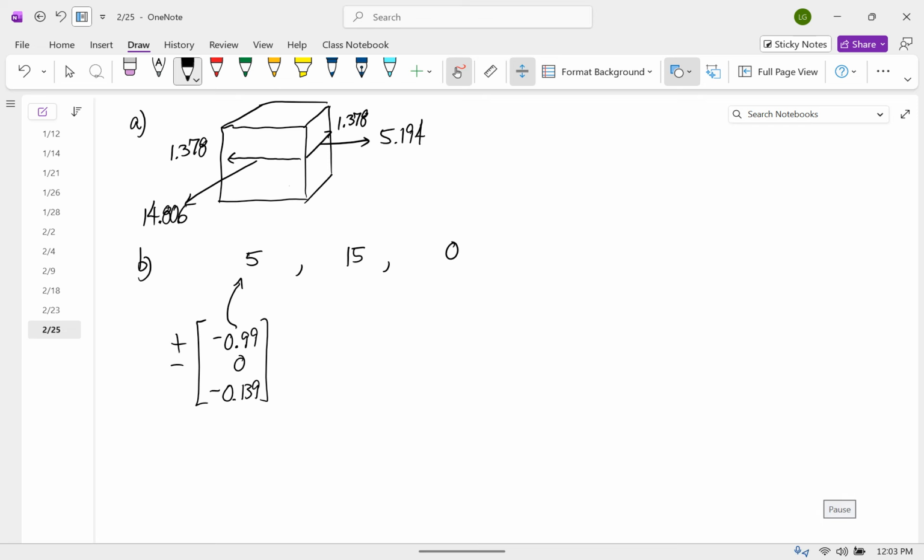This is plus or minus. And then 0.139, negative 0.99, and then 0. And this is plus or minus.